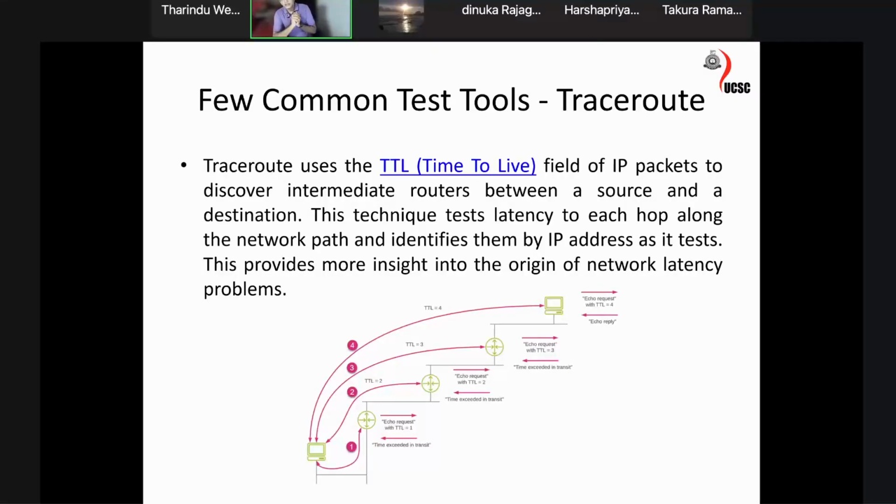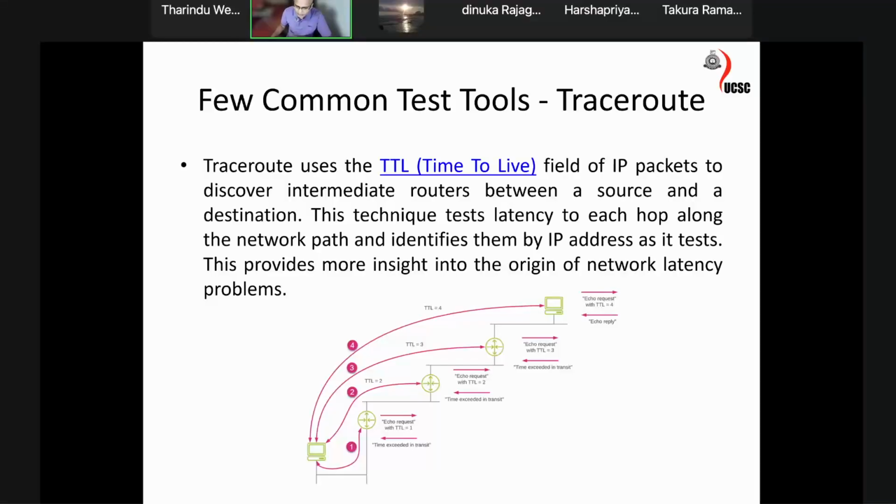So traceroute is another tool which is available on Linux, Windows, and all the operating systems. It is measuring the time to live. It is using the time to live field of the TCP/IP stack to measure the latency between various hosts between source and the destination.